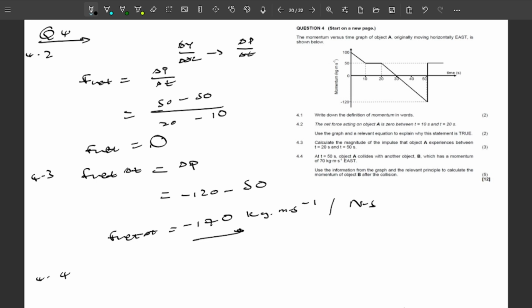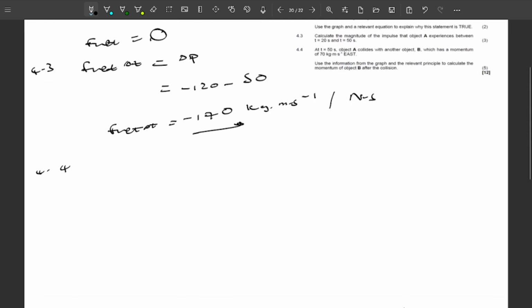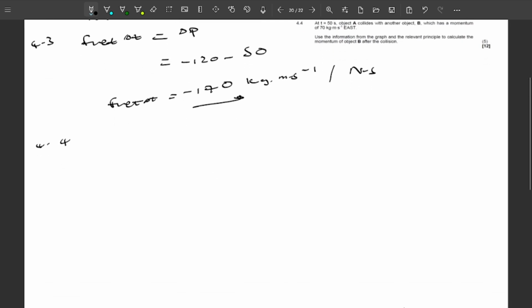Then they say use the information from the graph and the relevant principle to calculate the momentum of object B after the collision. Okay, they want us to find the momentum of object B after the collision. So we're going to use the principle of linear conservation of momentum, which states the sum of momentum initial is equal to the sum of momentum after.